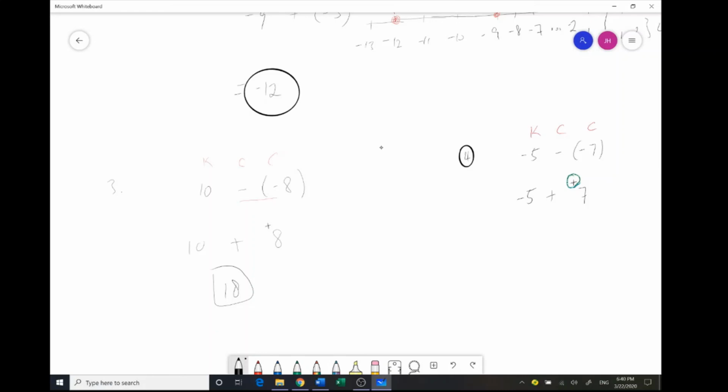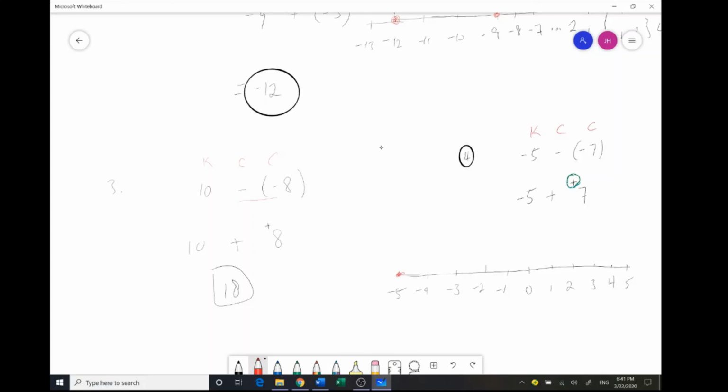Okay, so if you want, you can draw the number line. 0 is here, -1, -2, and on and on. Okay, -5 is where I'm starting.